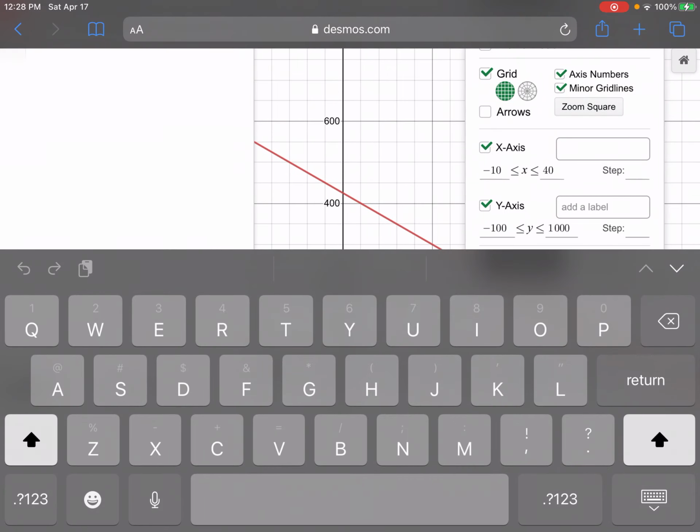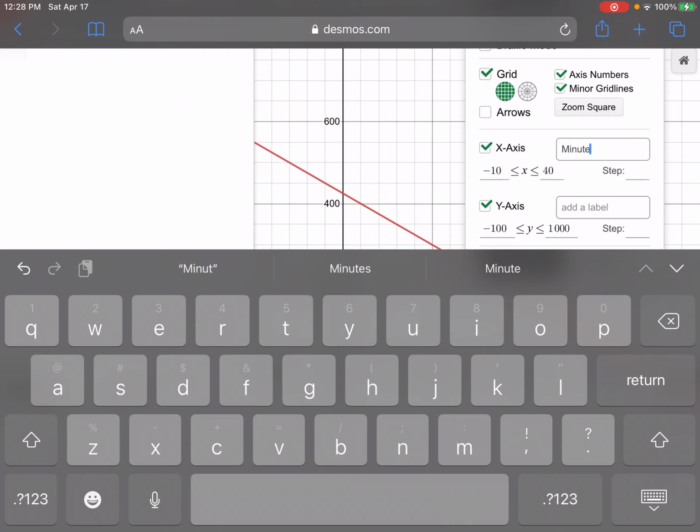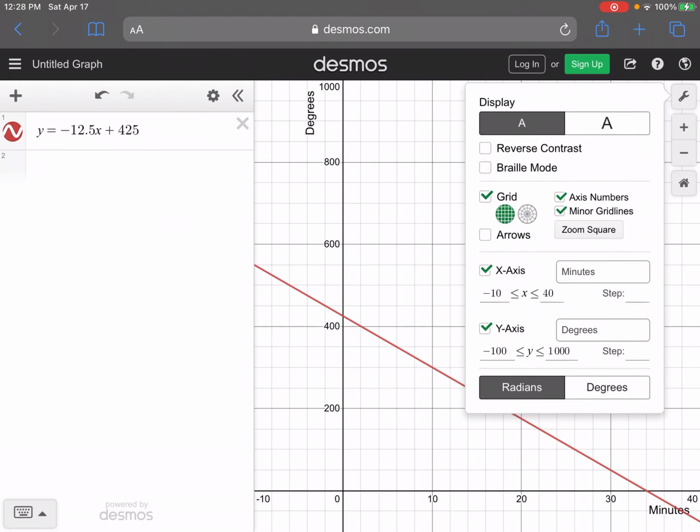And we're going to put minutes up here with the x, and we're going to put degrees with the y. Okay, so yours should look exactly like that, and you'll notice that the graph behind the little window here, we can see the whole thing that we want to see from the y-axis to the x-axis.